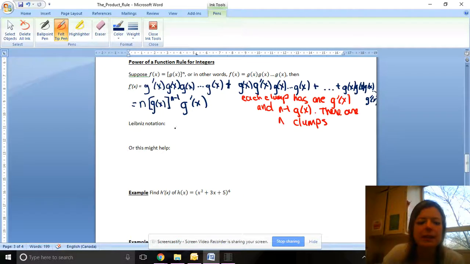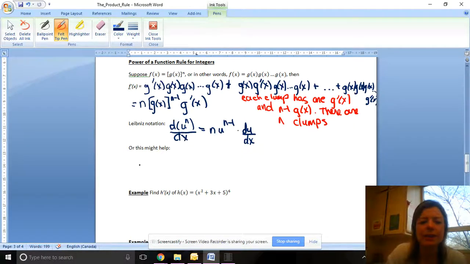So in Leibniz notation, if you have d of u to the n with respect to x, then you get n times u to the n minus 1 times du/dx. So you have to take the derivative of that inner function.